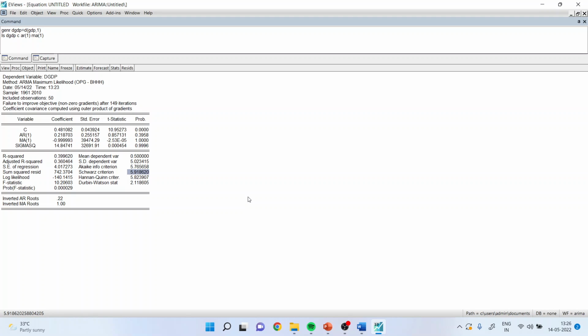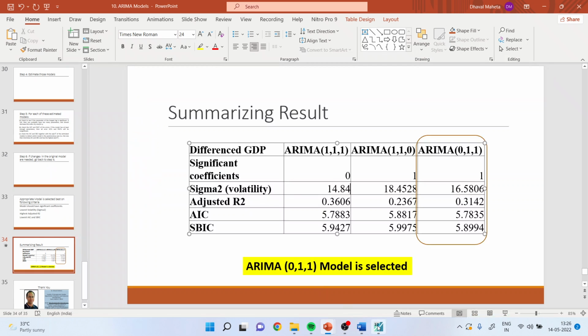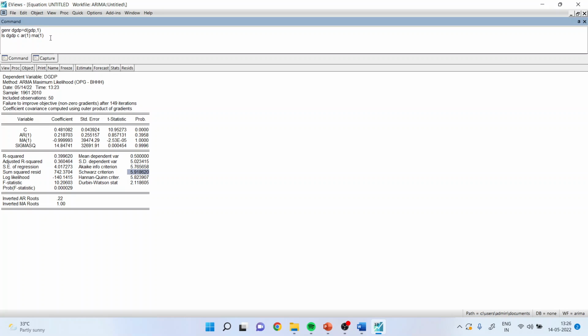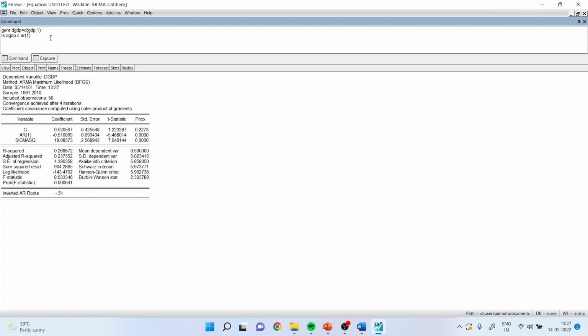Now we will run another model. Again, we will go back here, and this time I'll change the model. Instead of AR1, MA1, I'll simply run the AR1 process. Enter. Yes. The results are the same as we predicted.